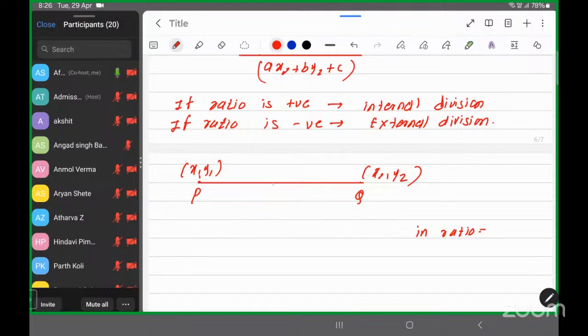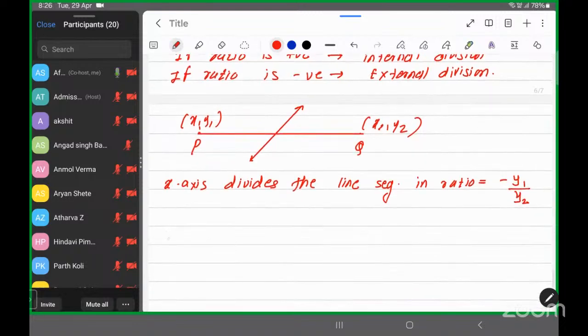If these are the points, then the x-axis divides the line segment in the ratio minus y1 upon y2, and the y-axis divides the line segment in the ratio minus x1 upon x2.